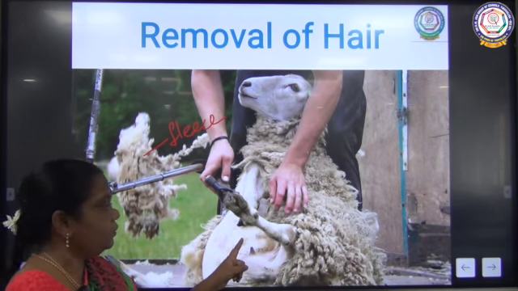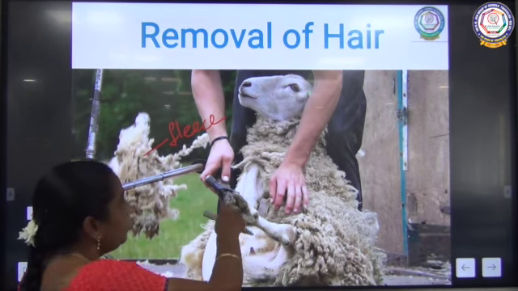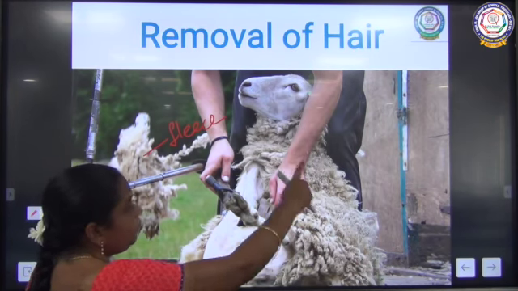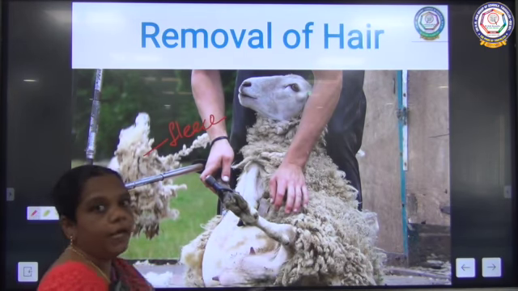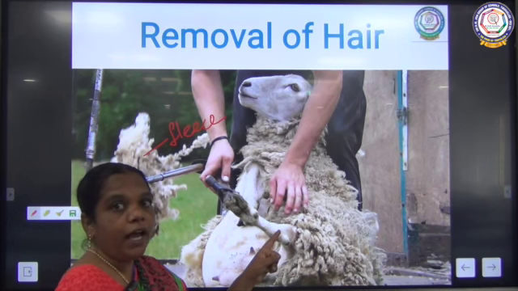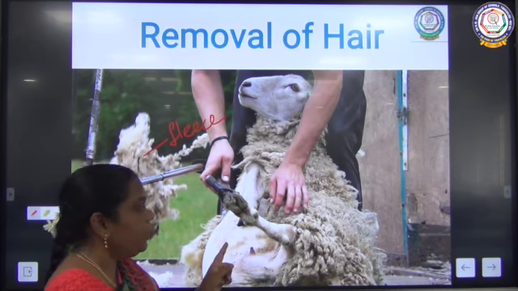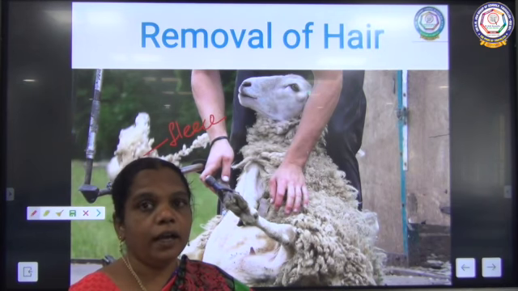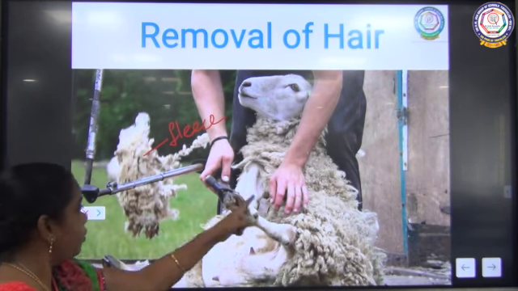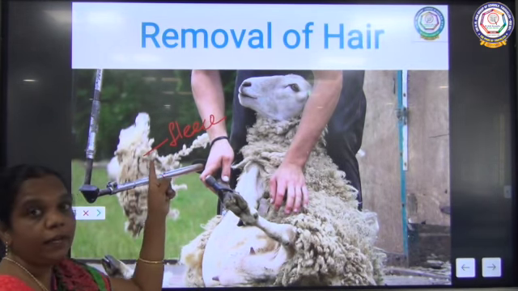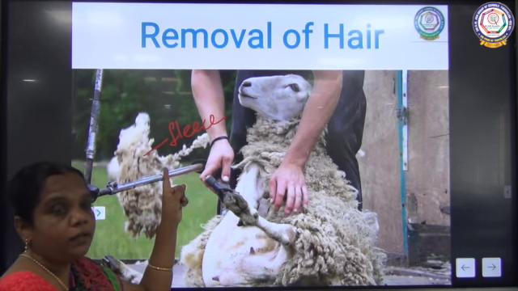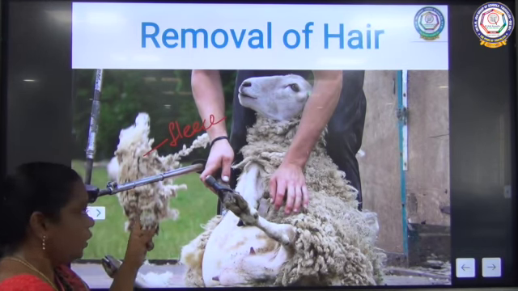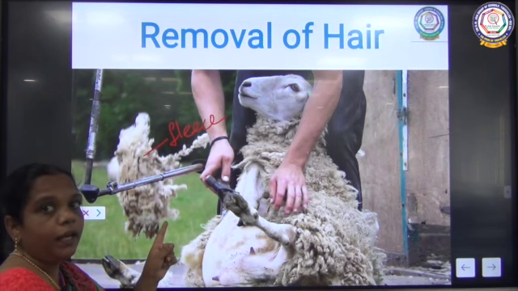By using the machine, the people are removing the superficial upper layer of the animal. They are removing the hair from the animal. While removing, it won't hurt the animal. So we are removing the fleece, that is the fur or hair, the wool.